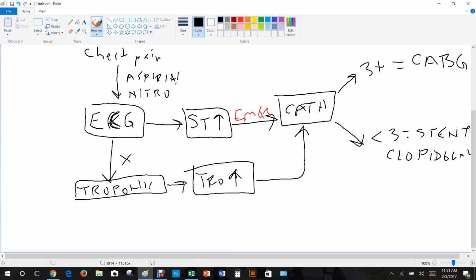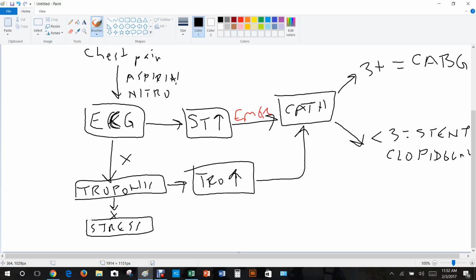So what if the troponins were not elevated? Well, then you're going to do something called a stress test. They can stress you by either running on a treadmill, or they can give you medication, like adenosine or dobutamine. The only reason they would do medication is if the person can't run for some reason.